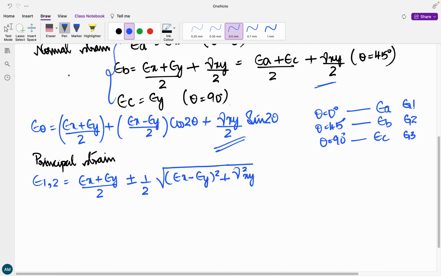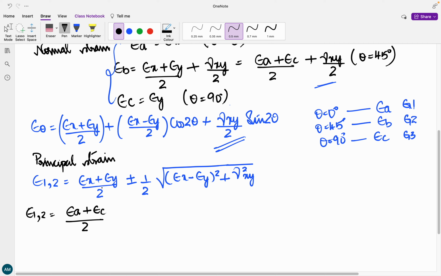We had written this formula under principal strain. Yes, so just substitute in the place of epsilon x as epsilon A, in the place of epsilon y as epsilon C. Alright, so this gets rearranged as epsilon 1 comma 2 is epsilon A plus epsilon C by 2.